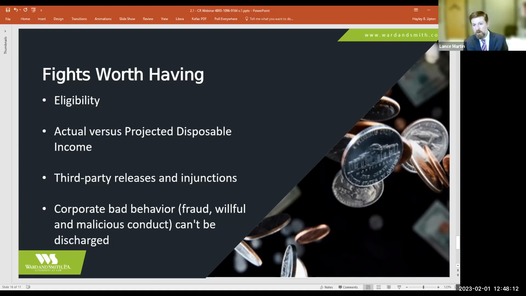If they're going to, it goes back to the absolute priority rule and what's fair and equitable for the parties. So if you've got something like that, remember, if they're going to try to get that discharged in their plan, it's a fight worth having. If they won't voluntarily remove it, the court will for you.